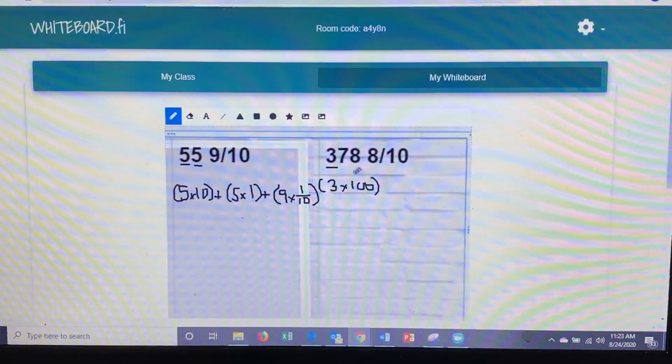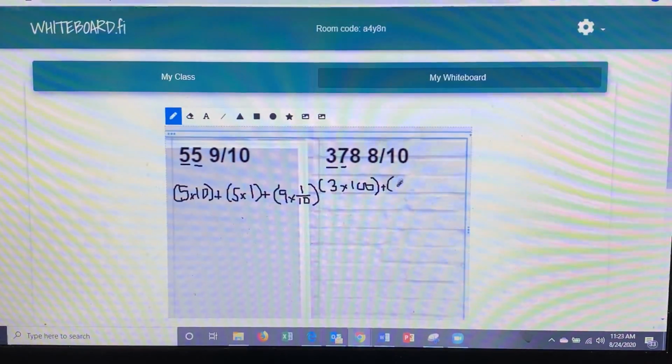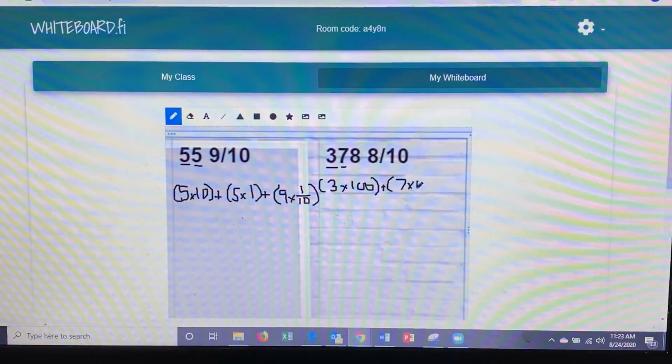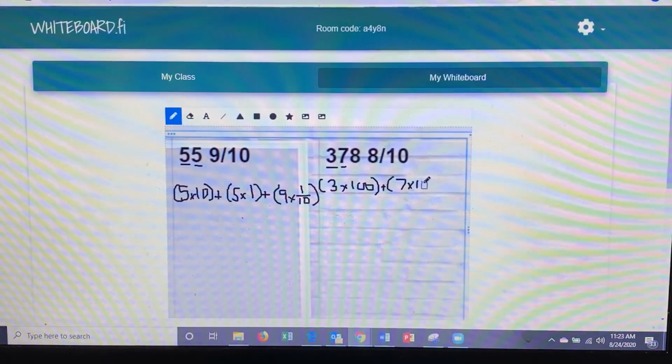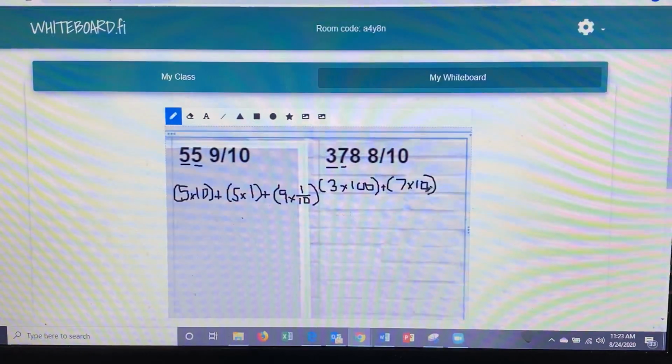Awesome. How many tens do I have or are represented in this number? 7. So, and 7 times 10. Great. Now we have to show the ones.